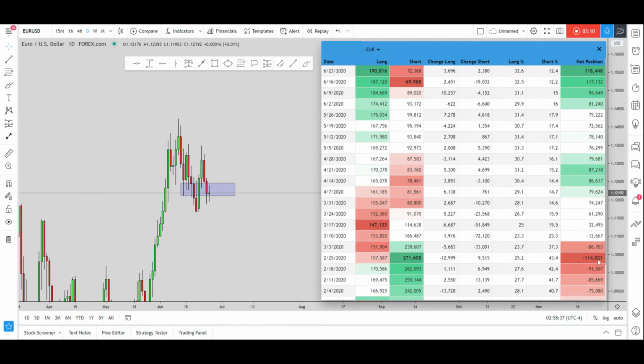So from having way more shorts than longs to having way more longs than shorts from an institutional perspective on Euro USD, with 190K longs and 72K shorts. So a massive 32% long exposure and 12% short exposure. However, keep in mind that they have also added some shorts with the last report.